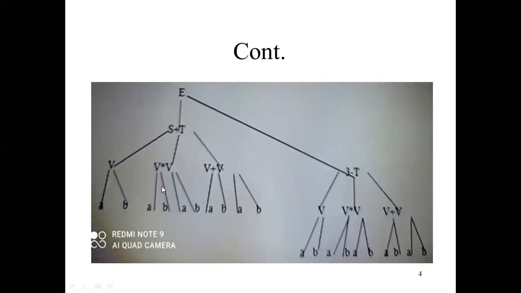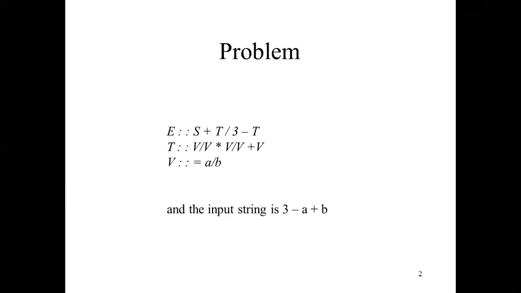But in the earlier case, you have seen T is equal to directly either V, or V star V, or V plus V. So in this case, you can see there is a problem in this grammar because they are giving expressions directly here. Okay. Here we are not providing precedence to the operator or to the expressions.